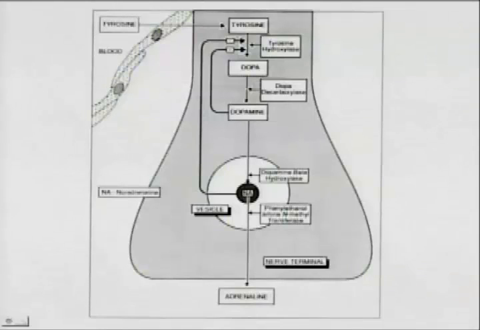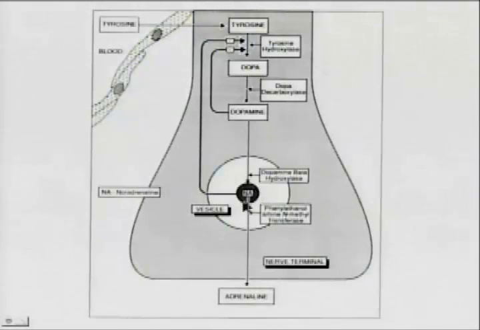The dopa decarboxylase converts dopa to dopamine. And then there is a vesicular monoamine transport protein, VMAT, that will transport dopamine into the vesicle, as well as it will act on norepinephrine when it is taken back up from the synapse to recharge vesicles. So that's why it's vesicular monoamine. It will act on all the monoamines.